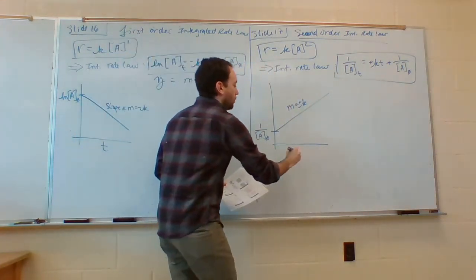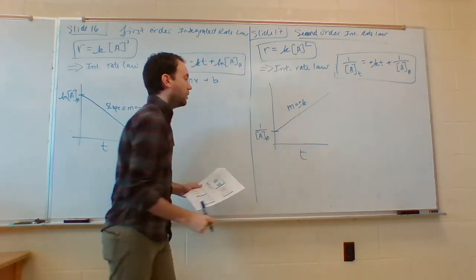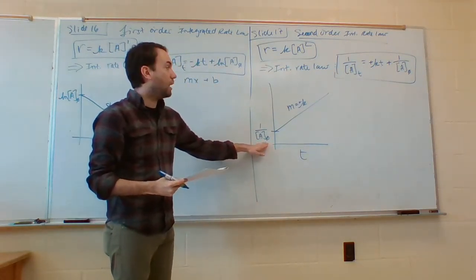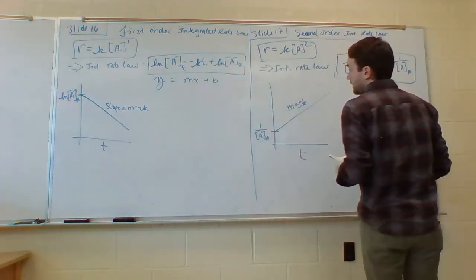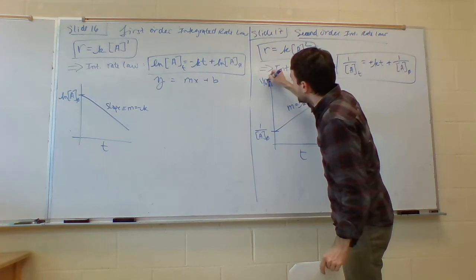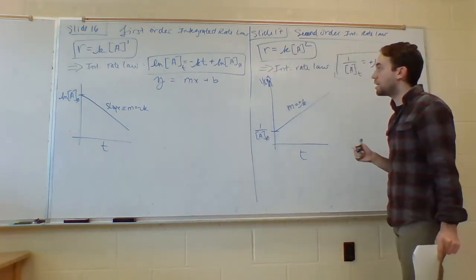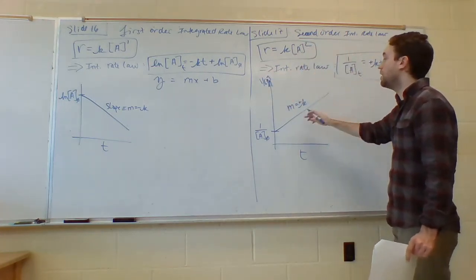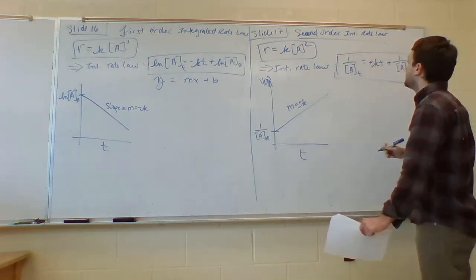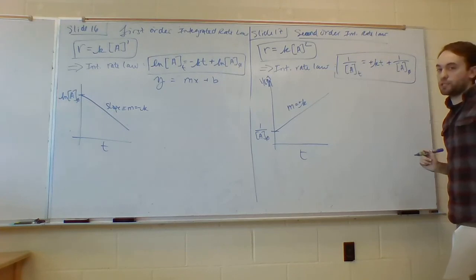Of course, as we go across time, 1 over our concentration will increase. So this axis is 1 over our concentration of A. If we wanted our concentration of A at a specific time, we would have to calculate it, and then take the reciprocal of that to get our final concentration.